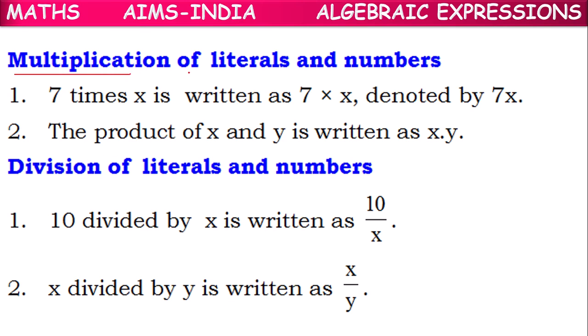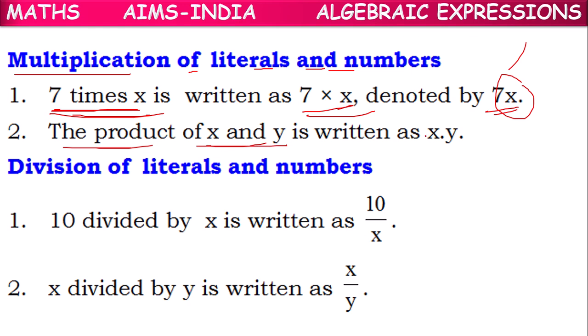So multiplication of literals and numbers. 7 times x is written as 7 into x, which is denoted by 7x. The product of x and y is written as xy. X dot y indirectly means x into y, or we can write xy.